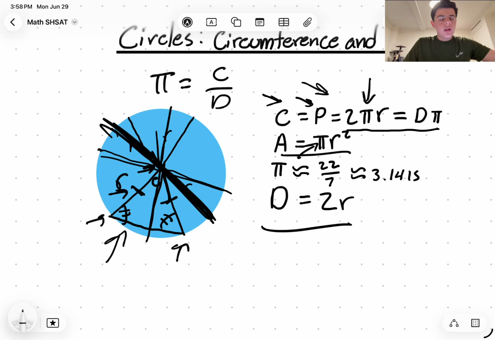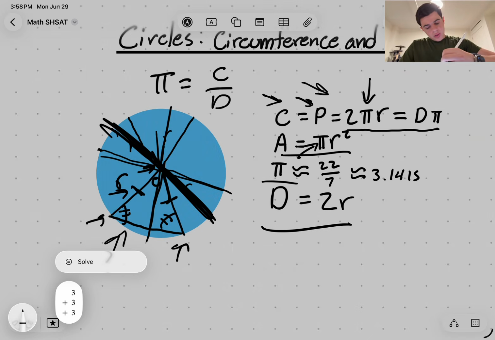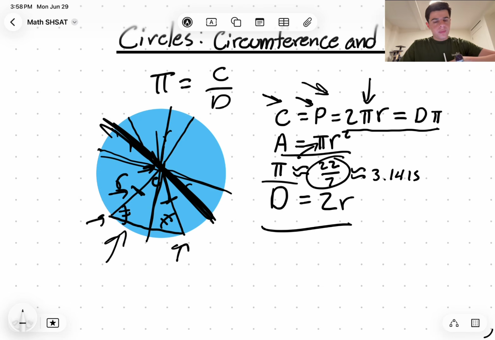All you need to know is what its value is, and that it is related to circles. Pi can be approximated when you're doing calculations, because pi is a never-ending decimal. It's 3.1415 and it goes on forever. But to approximate it, you can just use 22 over 7, which is roughly equal to 3.1415.